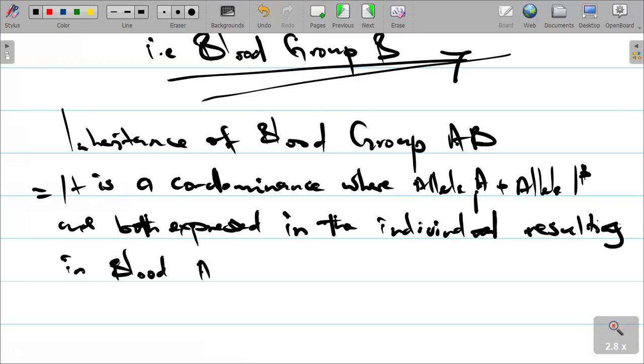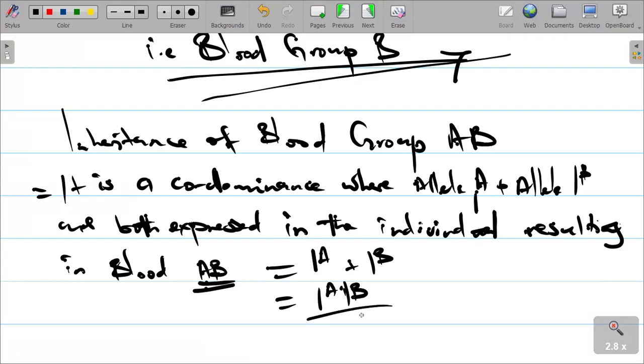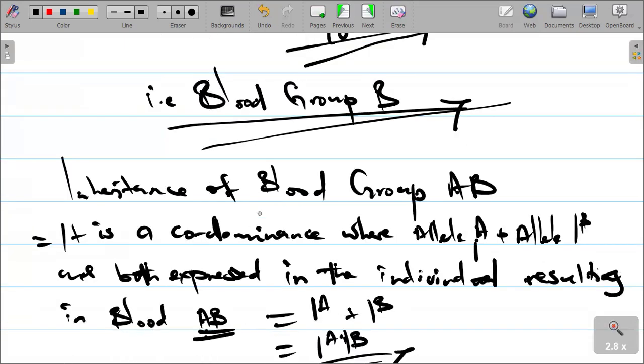So this is a combination of A plus what? Plus B, which gives us what? AB. That is the inheritance of blood group AB.